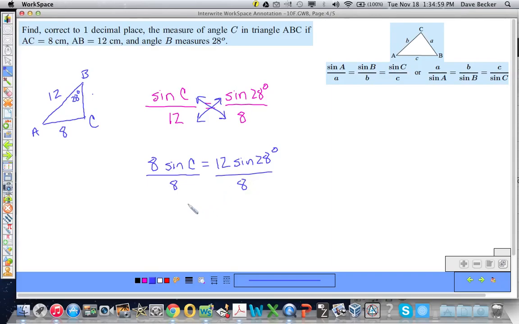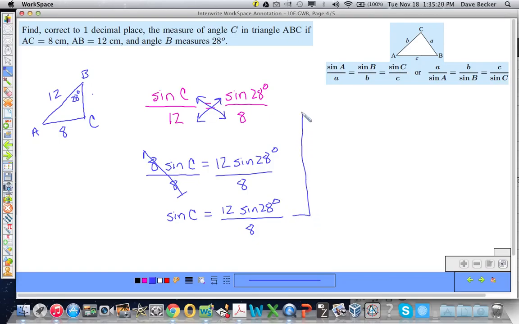And so then I get the sine of C is equal to 12 multiplied by the sine of 28 degrees divided by 8, because 8 over 8 cancels, because 8 over 8 is equal to 1.